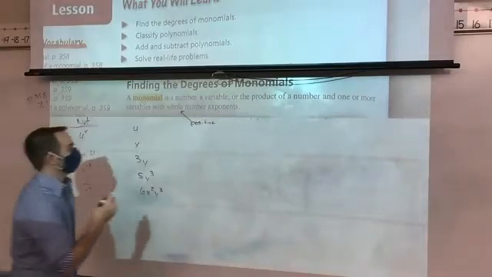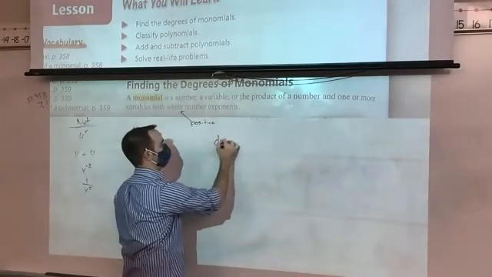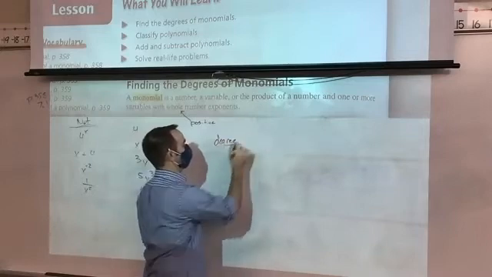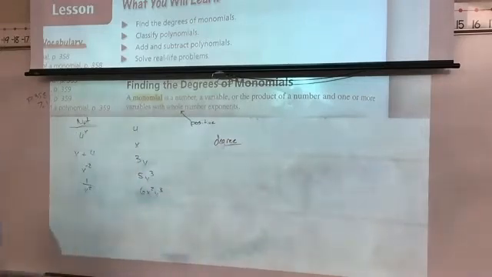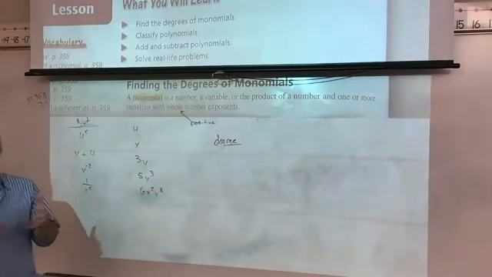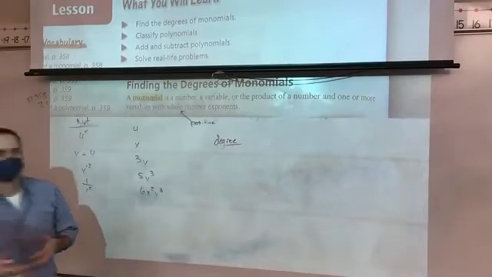The next thing that we got to talk about in terms of a monomial is this idea of the degree. The degree of the monomial. To find the degree of the monomial, we are going to add all the exponents of the variables.